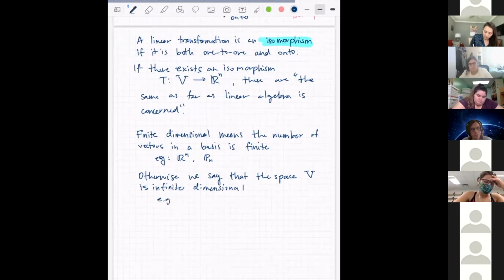An example of an infinite dimensional space would be all polynomials. Polynomials of any degree would have an infinite basis, or a better way of putting that is that it does not have a basis that is finite. So it will be infinite dimensional.